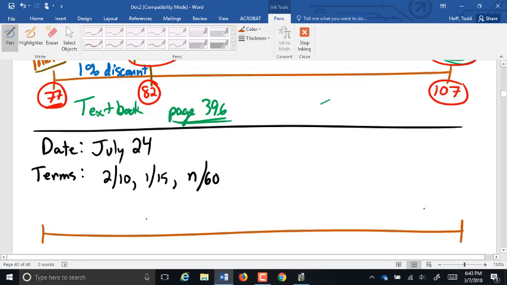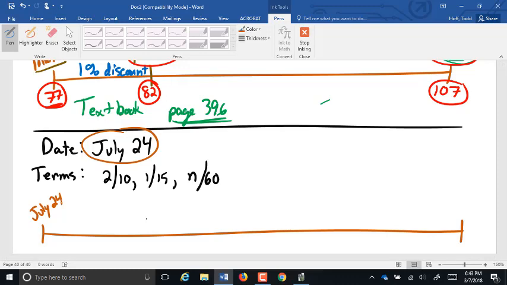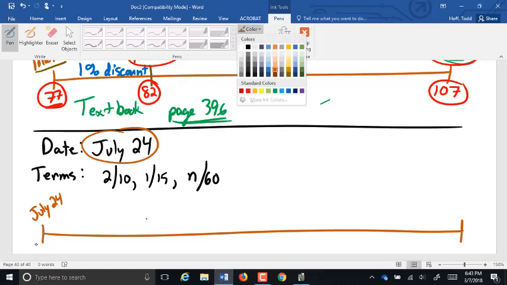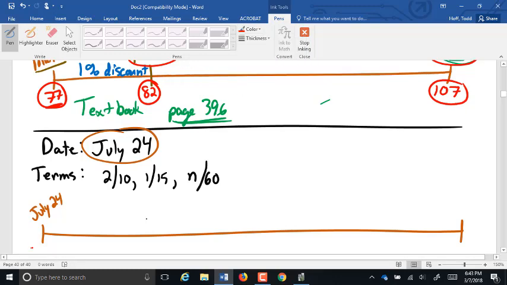Where does our timeline begin? Our invoice date of July 24th. If I look in my book on my calendar, July 24th is, what day is that? 205.